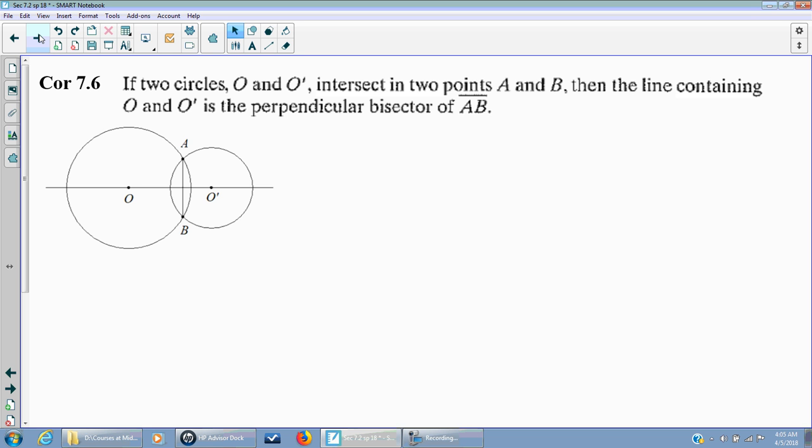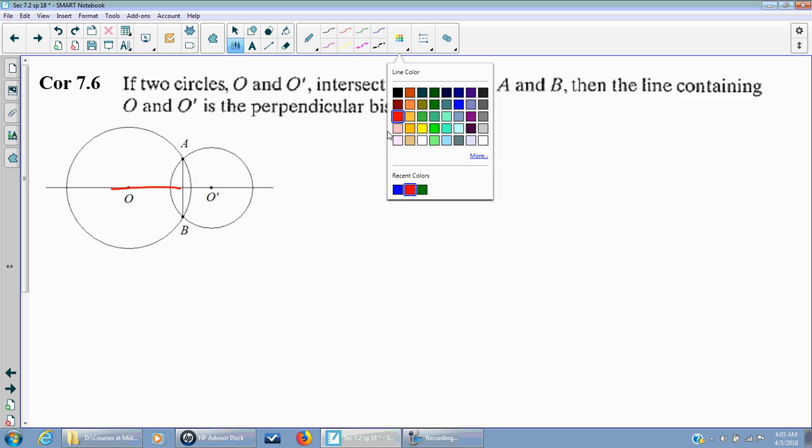So the perpendicular bisector of AB must go through this point, and the perpendicular bisector of AB must go through this point.